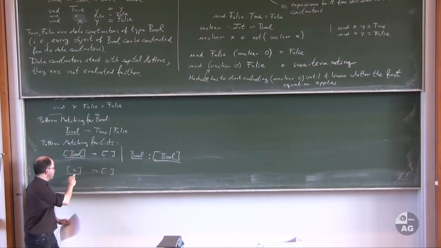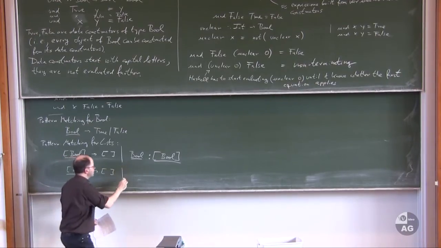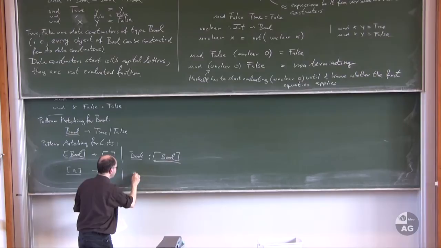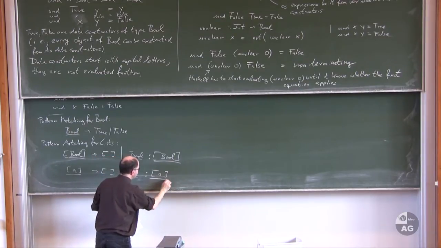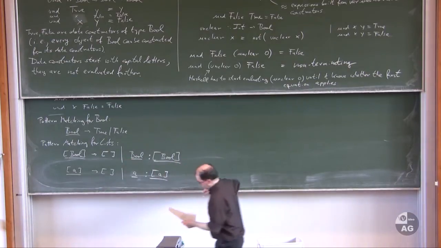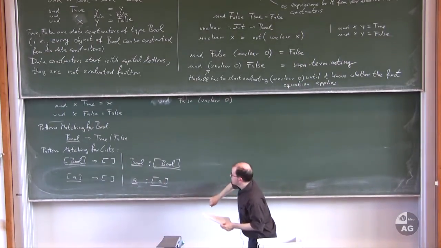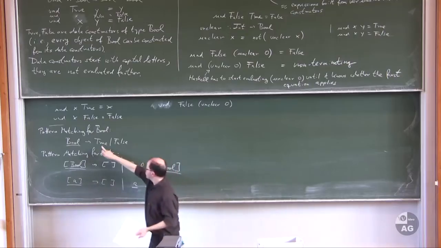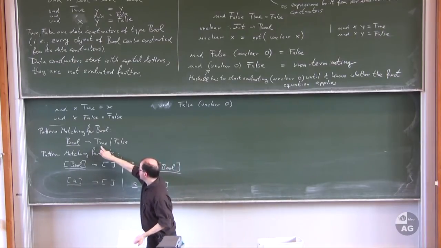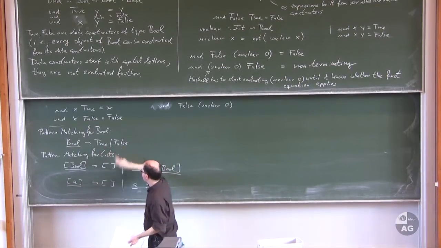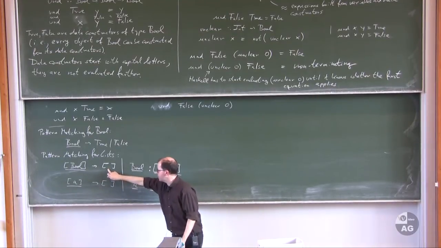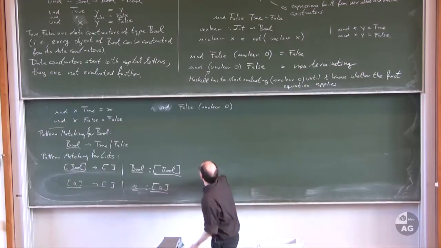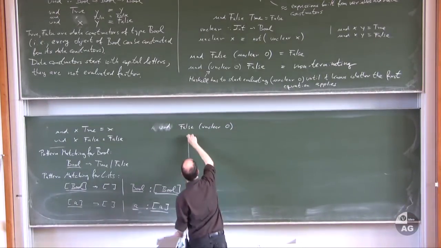So if you want to construct a list of any type A, it's either the empty list or it's an element of type A inserted into a list of elements of type A. So, I mean, here we made a case analysis depending on whether an argument is true or false. And so here we can make a case analysis and distinguish whether the argument is the empty list or the non-empty list. So let's do this with an example.